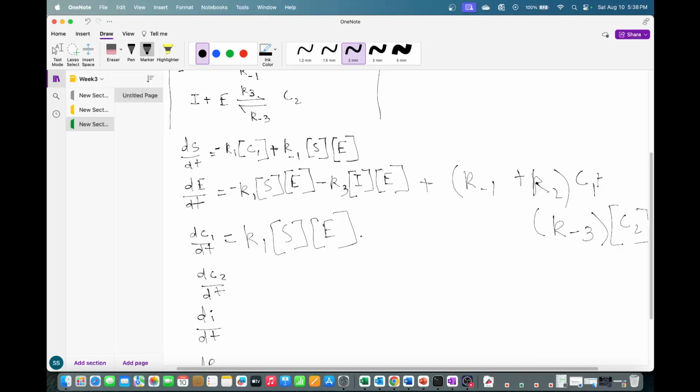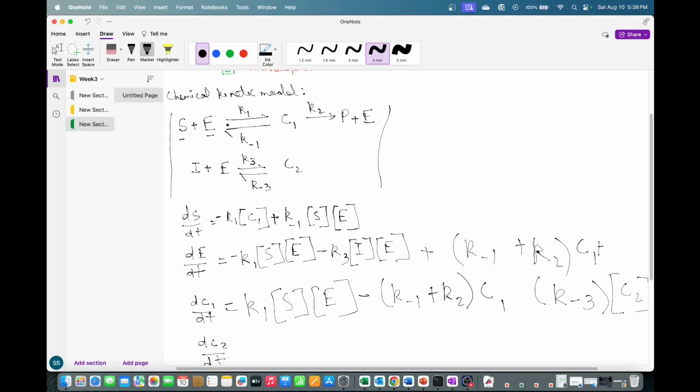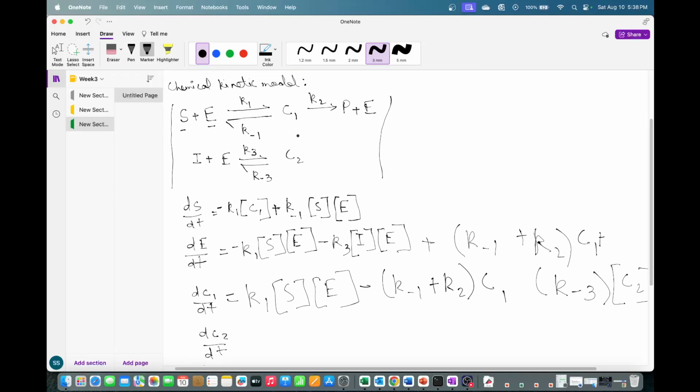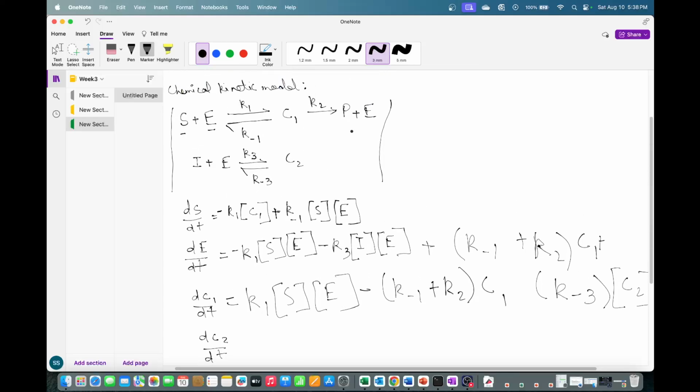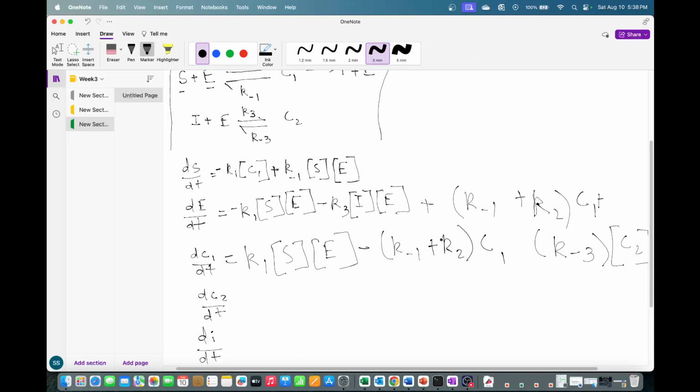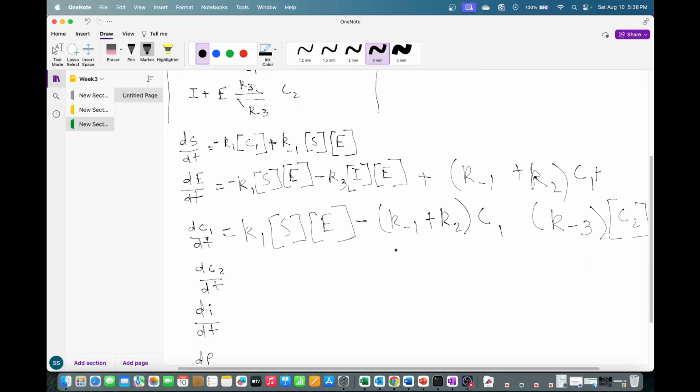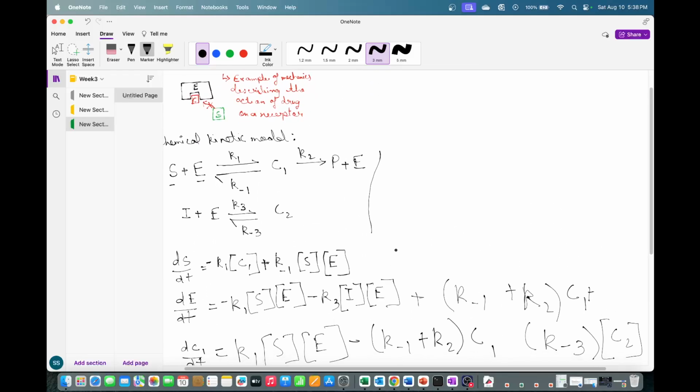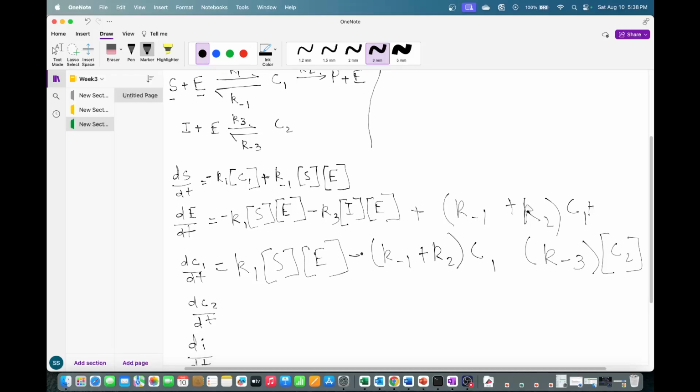And it is getting used up by K of minus 1 and K of 2 C1, right? So K of minus 1 it is getting formed, and K of 2 it is getting used up. Yep, K of minus 1 is getting formed. So this should be a positive one and this is a negative one, sorry.